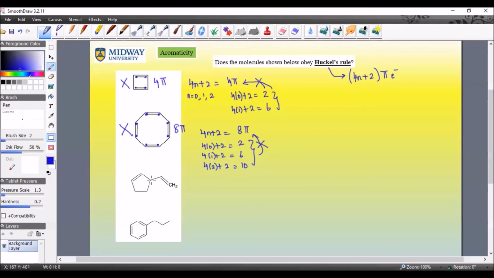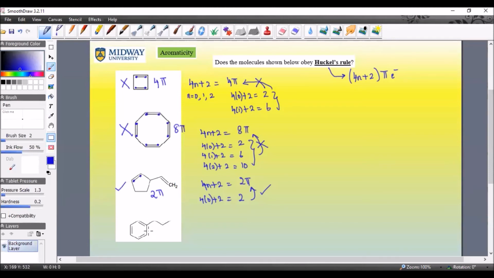Again, we're simply focusing on Huckel's rule here. So here we have just 2. This doesn't count, right? So we have 2 pi electrons. So 4n plus 2 equals 2 is what we want to generate. If I put n equals 0, we get 2 back. There we go. So this obeys Huckel's rule.